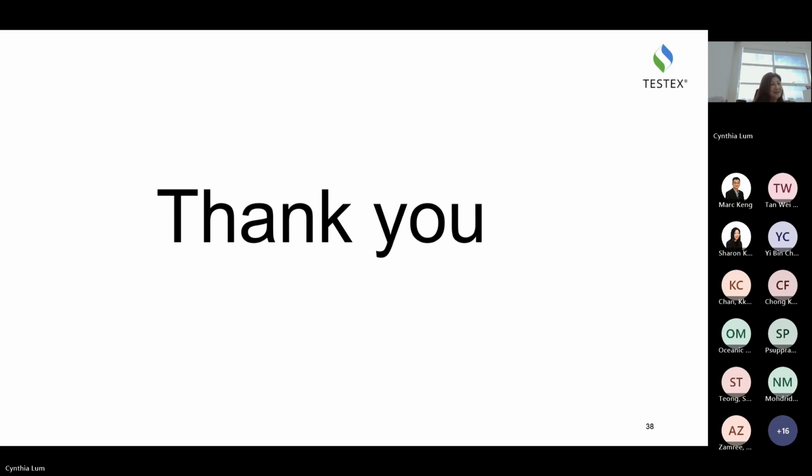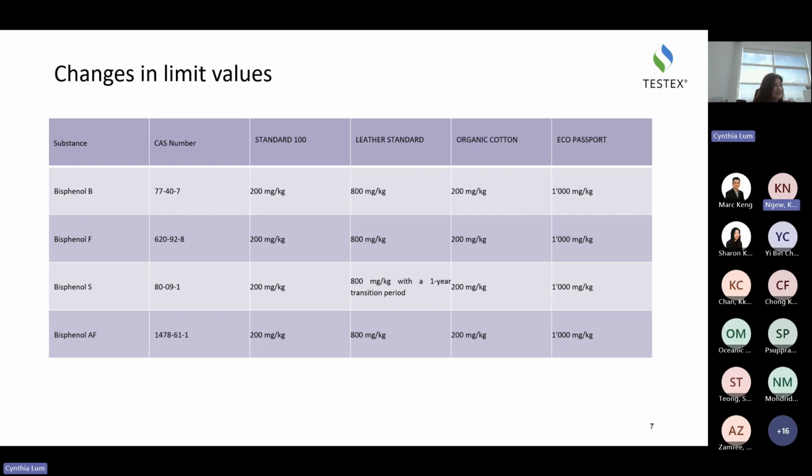Yes, I have one question. My name is Gokta from Pen Fabric. Regarding your slide number 7, change of limit value for all the substances.